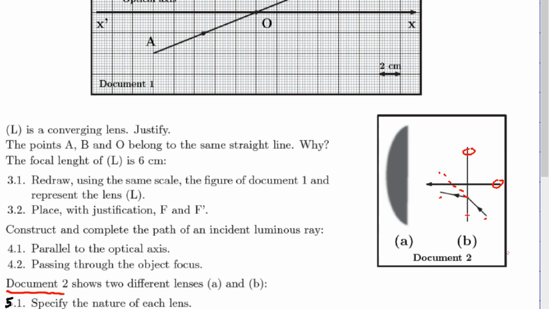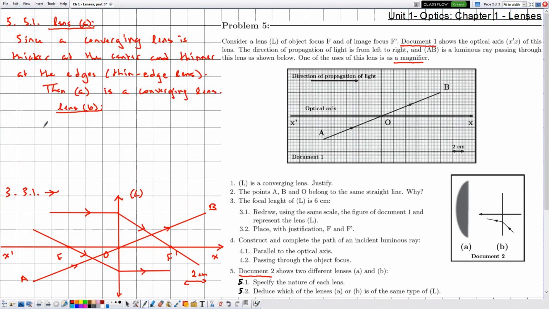Here the direction of propagation of light is from right to left, and we can know this from the arrows on the light rays. So the emergent ray emerges away from the optical axis, and this happens for a diverging lens.